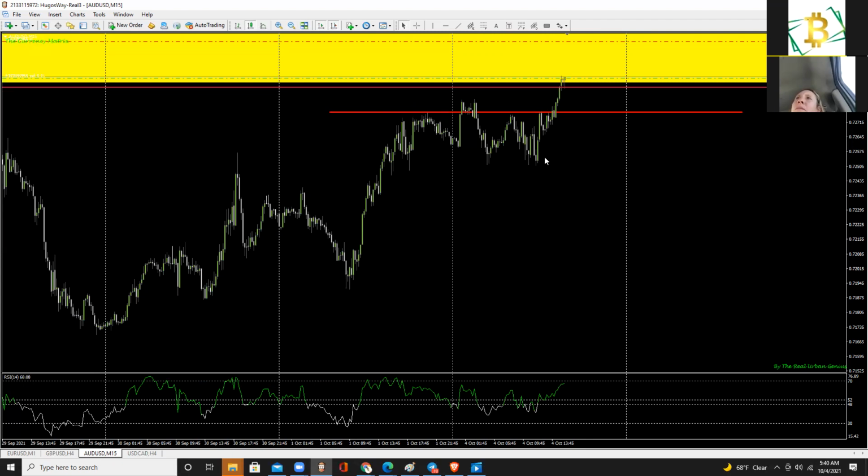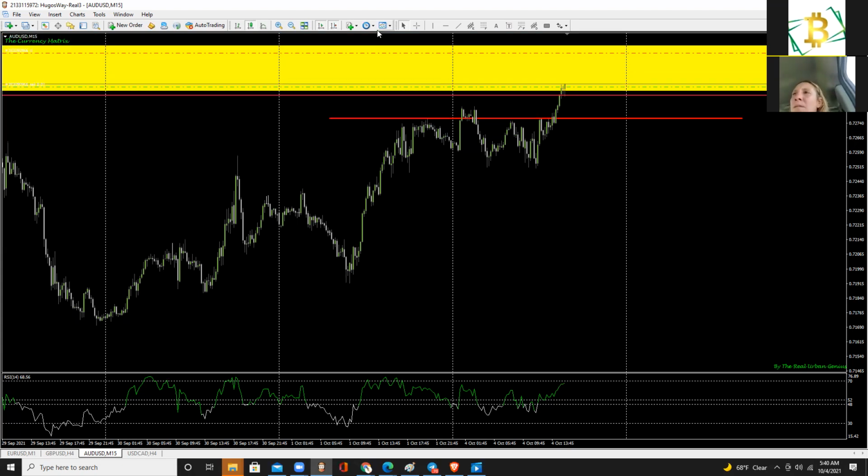Now, since I entered at the high of the day, my target would simply be, we can pull out our Fibonacci and utilize the swings we have here on the intraday time frame. So looking here, we want to now count the trend, pay attention to the trend on the intraday position.